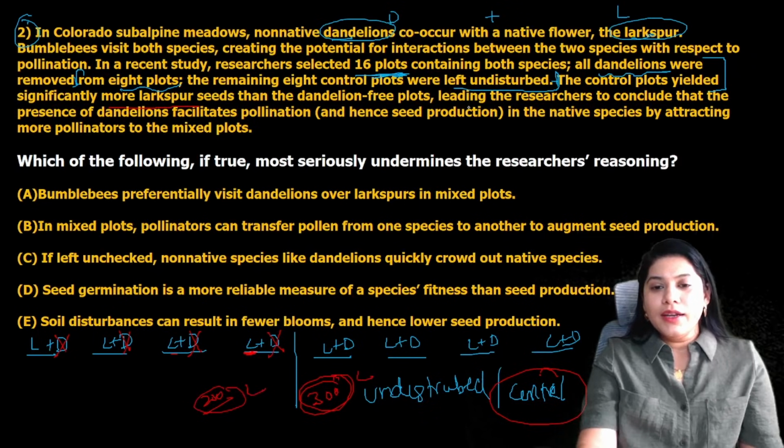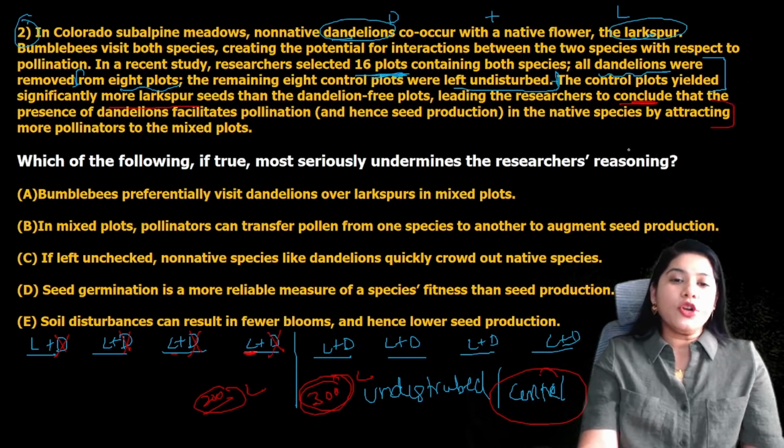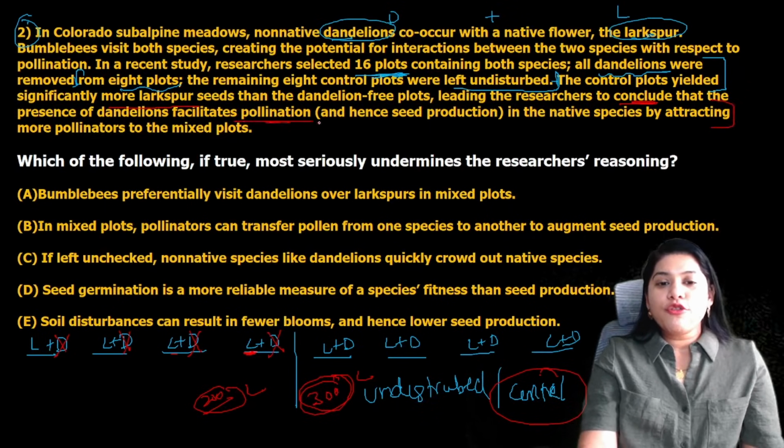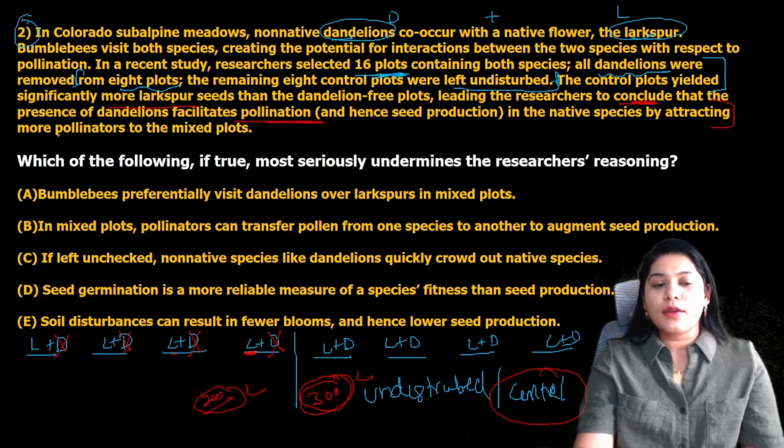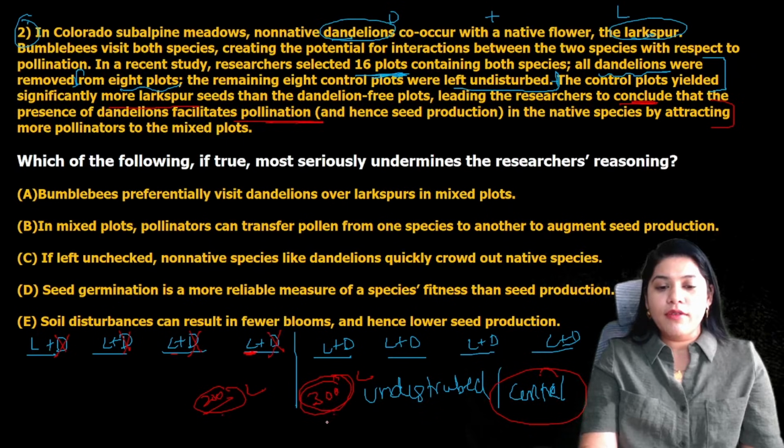So what does that mean? This leads the researchers to conclude, and this is just the reason they are giving, it may not be true, that maybe it's because of pollination, that dandelions facilitate pollination in the native species by attracting more pollinators. Basically, pollination is the reason. They are saying that here we have more, there we have less, and the reason is pollination.